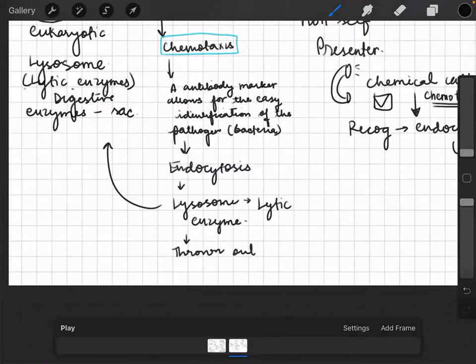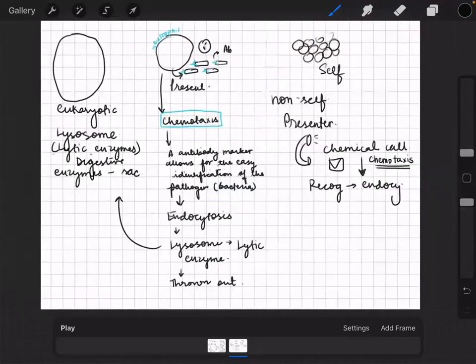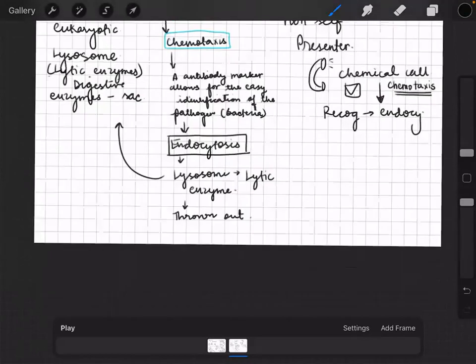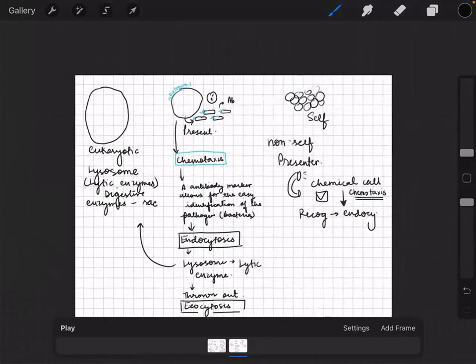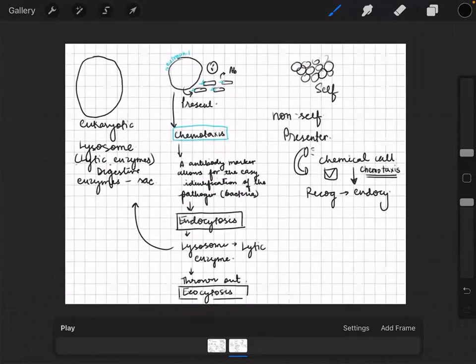So while taking in happened because of the process of endocytosis, throwing out takes place via the process of exocytosis. Similar way as the cell engulfed something, it also throws the substances out. Is that making sense? This is how you are going to have the phagocytosis take place, and the antibody is going to be attached to the pathogen.